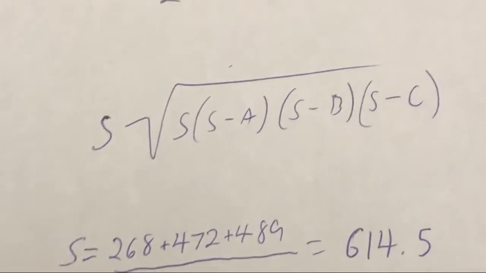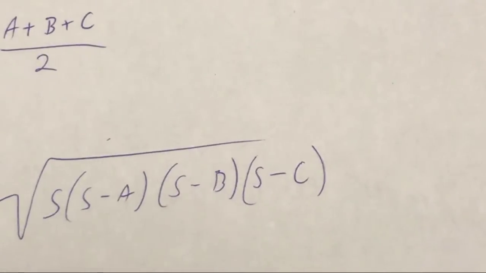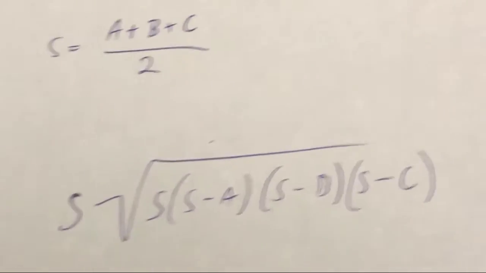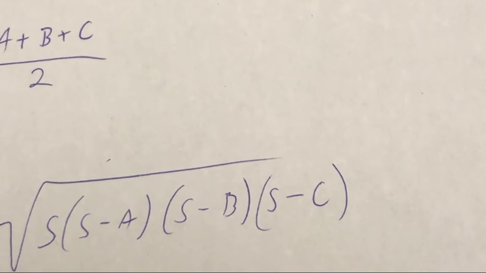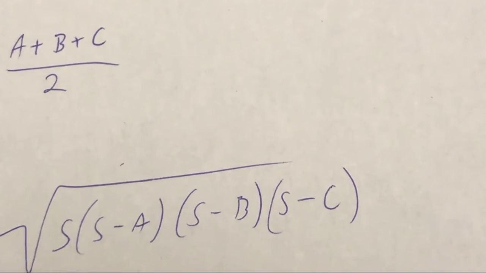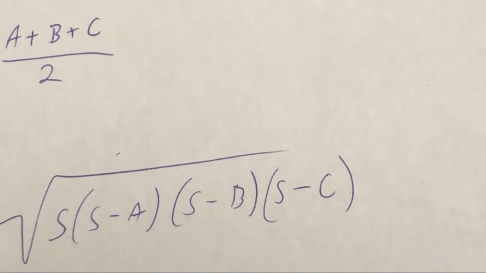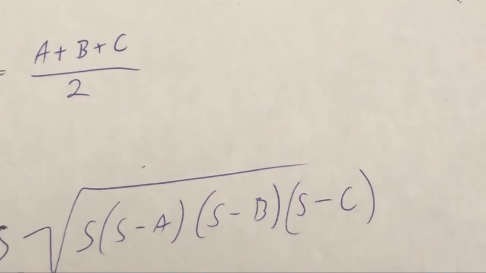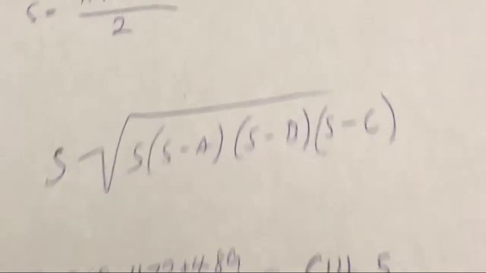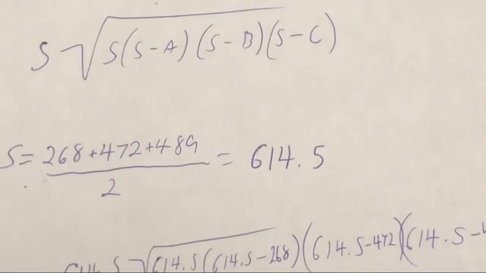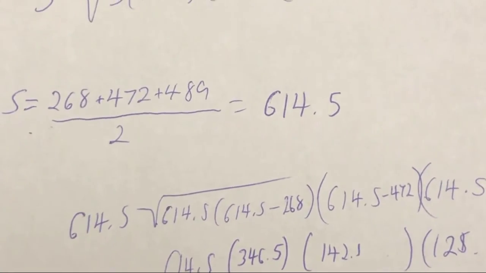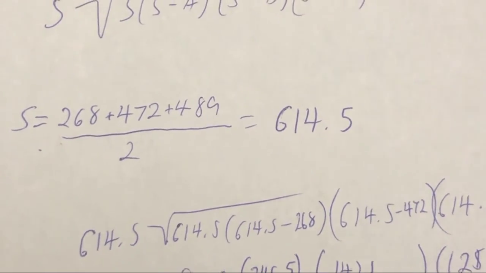Now we use Heron's formula, which is, don't mind the S on the side, but the S inside the square root, so it's S times S minus A times S minus B times S minus C, the square root of that, which gave us 61,708.06 inches squared.